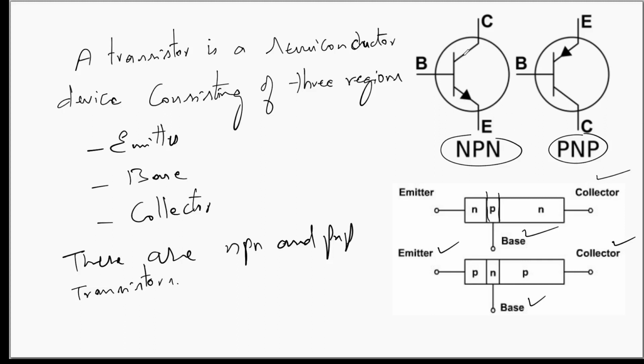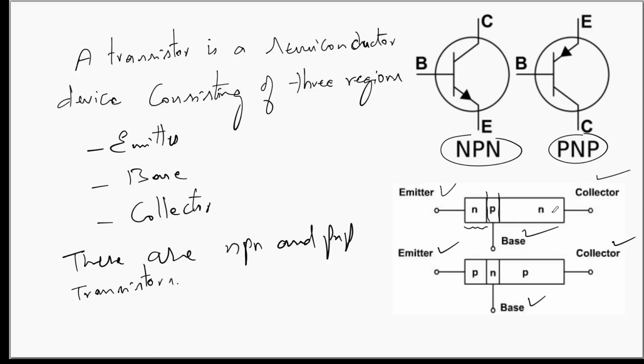You have a circle, within that a vertical line and a line with an arrow. The line with the arrow represents the emitter, and the one that goes perpendicular to the vertical line is the base, and the other line is the collector. In the NPN transistor, the arrow will be emitting from the circle, and in a PNP transistor, the arrow will be pointing towards the base from the emitter.